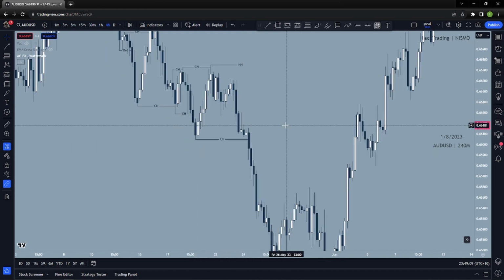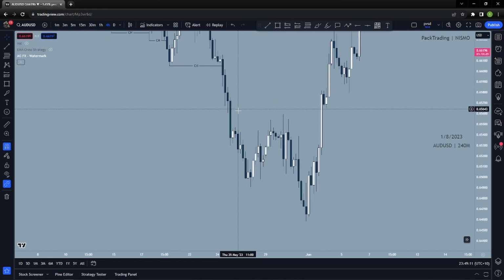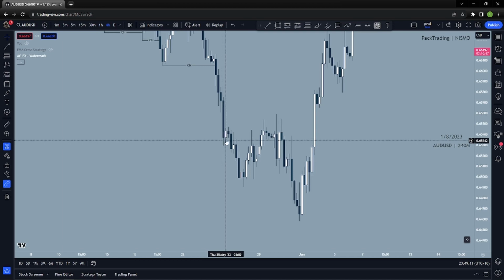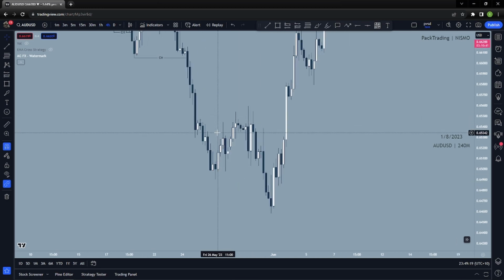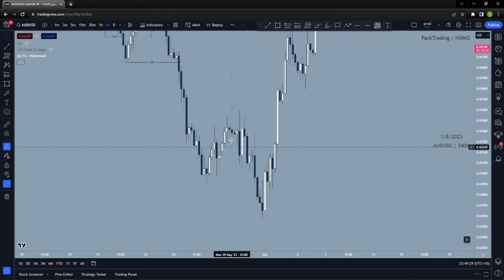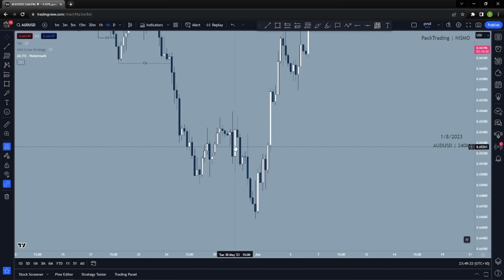So now that it's created a choch, it's going down, and then after a pullback, that's our lower low. Create a BOS. That's our high. Goes back down. Lower low. The most recent high is up here. Wicks it, which is a choch. Most recent low, high. Breaker structure.